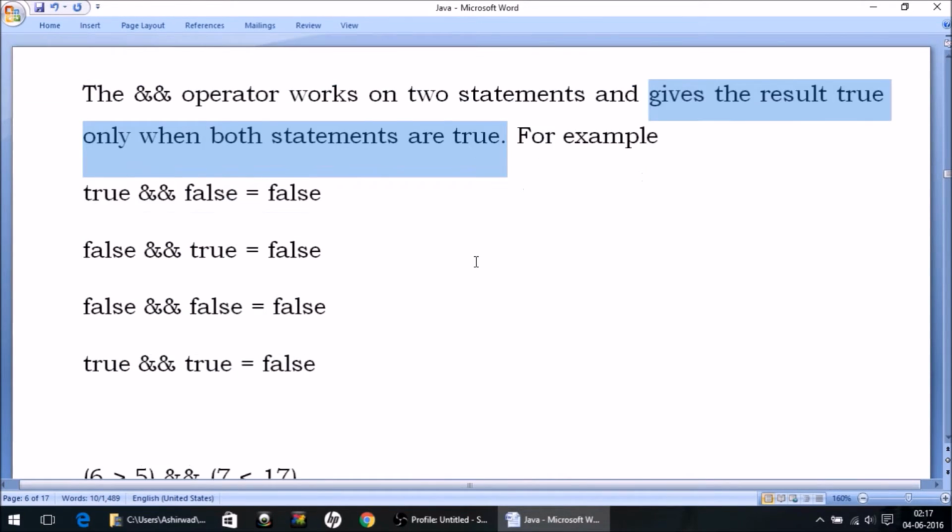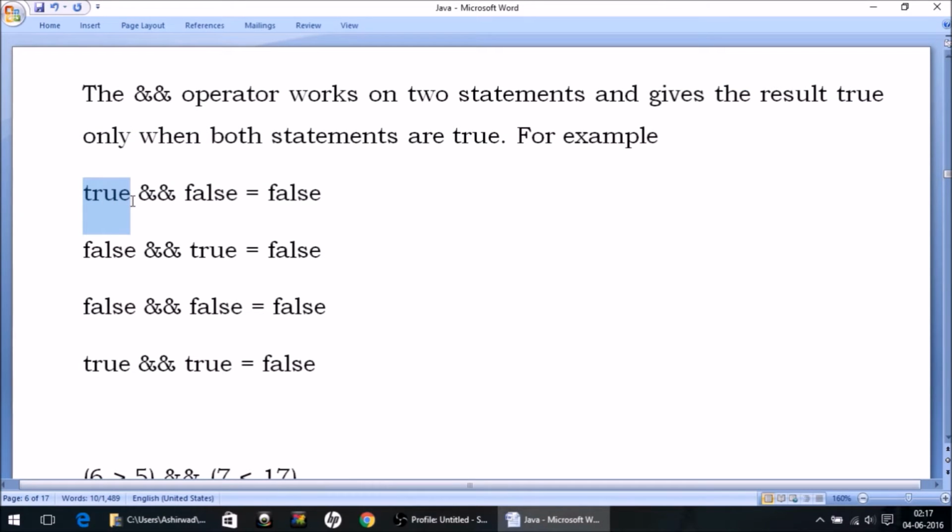So what does it mean? If your first statement is true and second statement is false, you are going to get false as the result. If the first one is false and second one is true, even then you are going to get a false result.